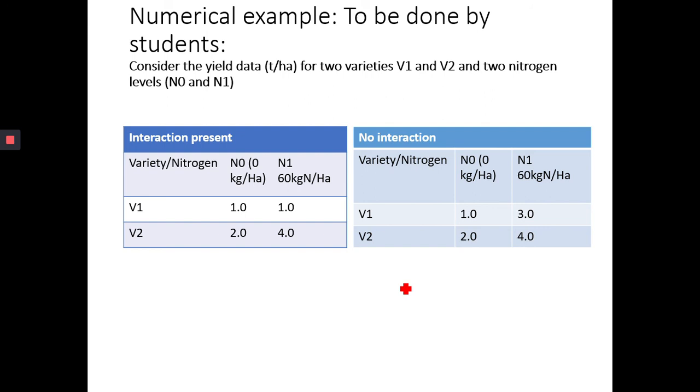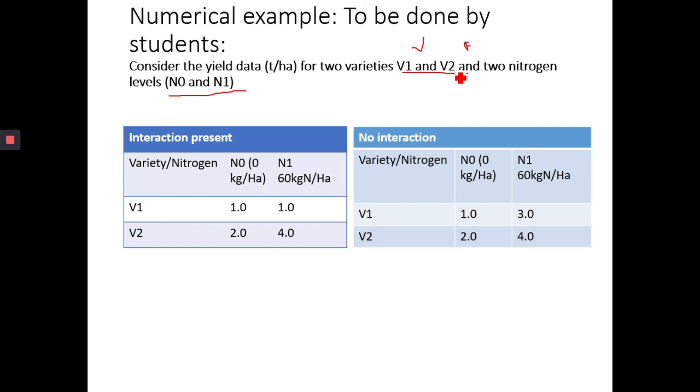So here I've given two examples. Consider the yield data in tons per hectare for two varieties V1 and V2, and two nitrogen levels, that is N0 and N1. Obviously, you can see that this is a factorial experiment where we've got a variety and also fertility. Variety is at two levels, V1 and V2, and fertility has two nitrogen levels, N0 and N1.